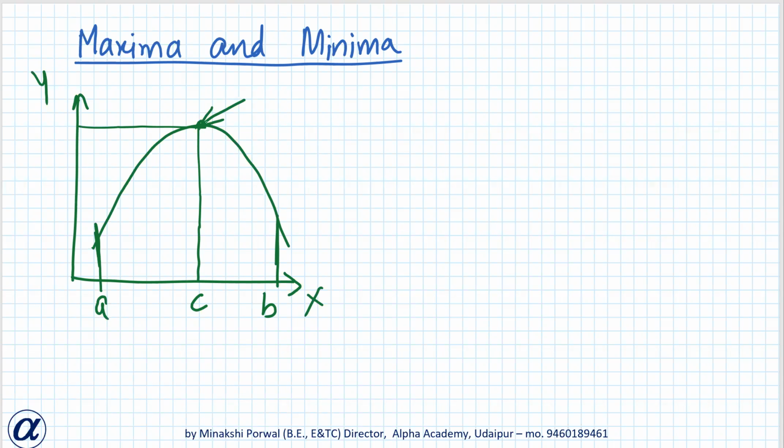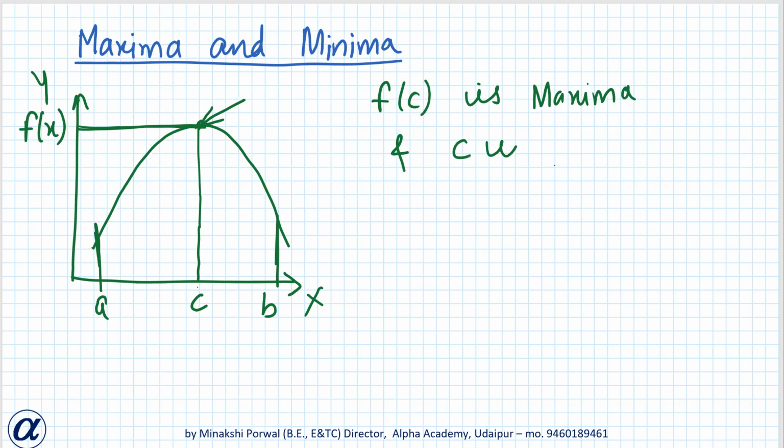So this value of the function, basically f of c, is the maxima, and c is the point of maxima. Is it clear?